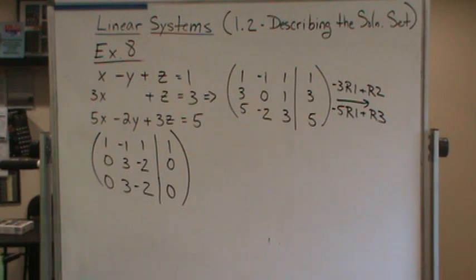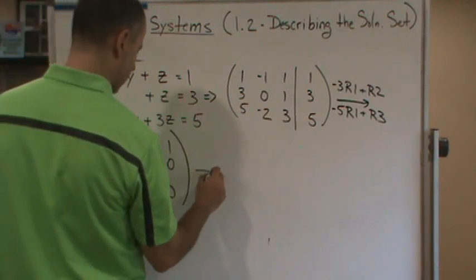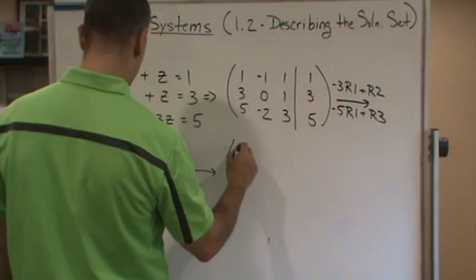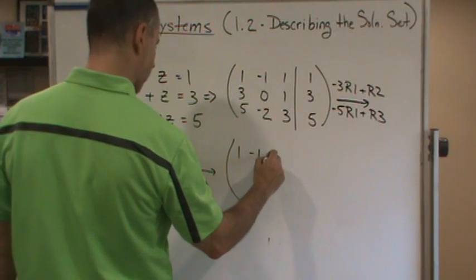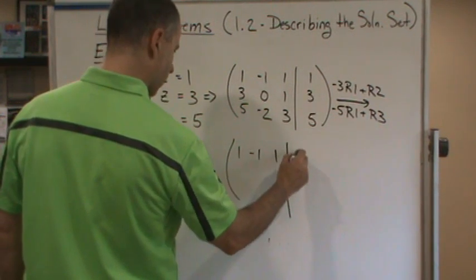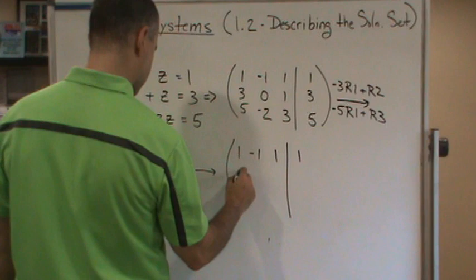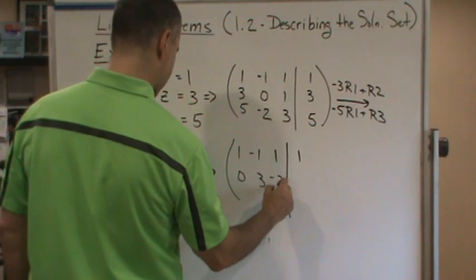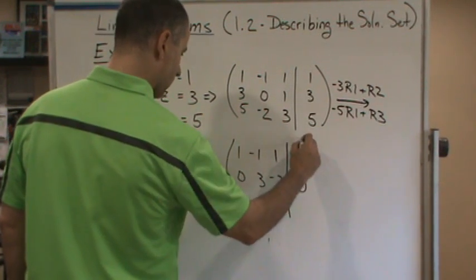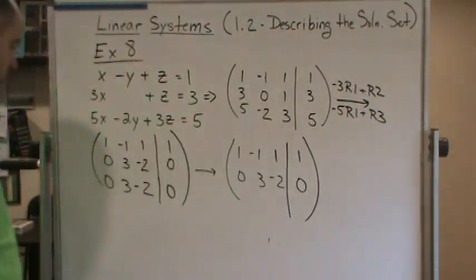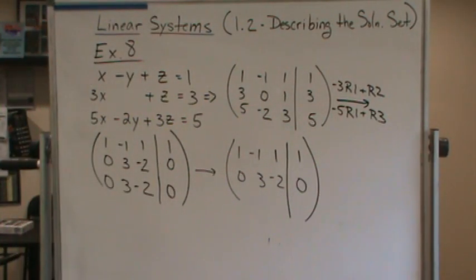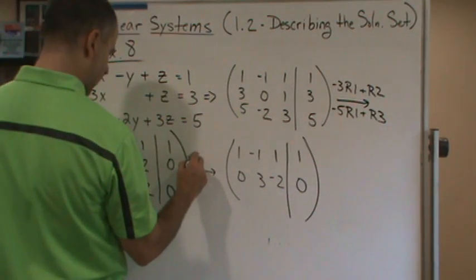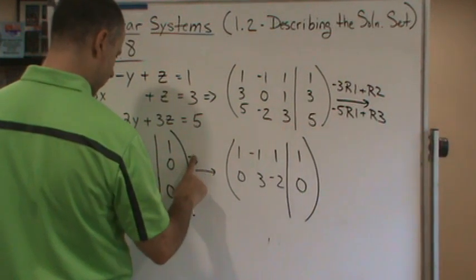Right? So immediately what we're going to get is 1, negative 1, 1, 1, 0, 3, negative 2, 0. Okay? Because all we're going to do is what? We're going to do negative, oh, not negative 3.